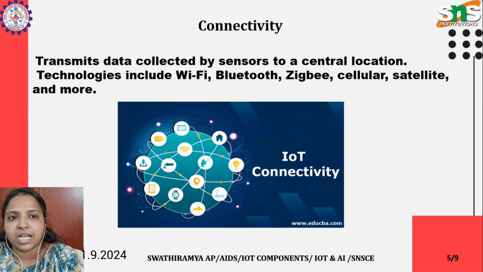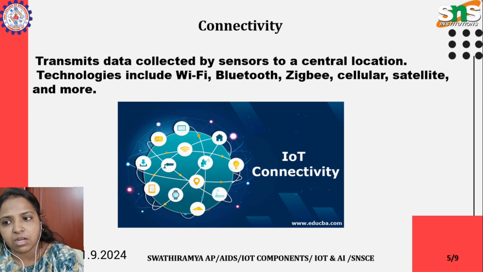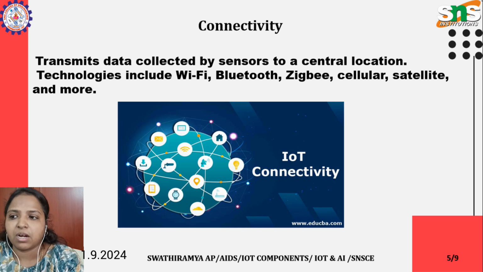There comes the role of networks. These devices will transfer the data from the device to the cloud through various communication networks. The medium of communication can be Wi-Fi, Bluetooth, Zigbee, or any kind of cellular network like 4G, 5G, anything like that.